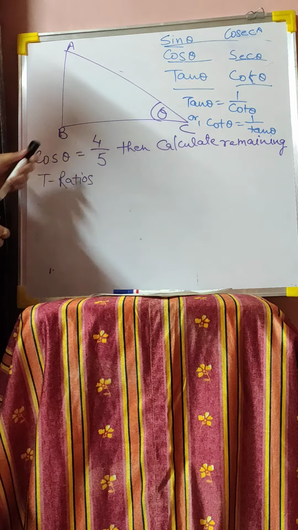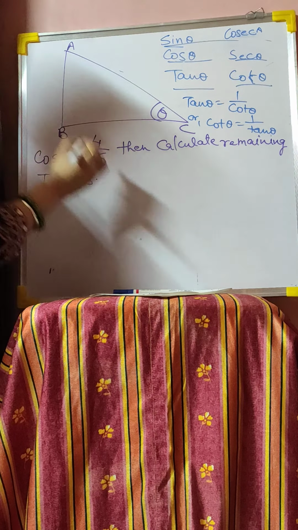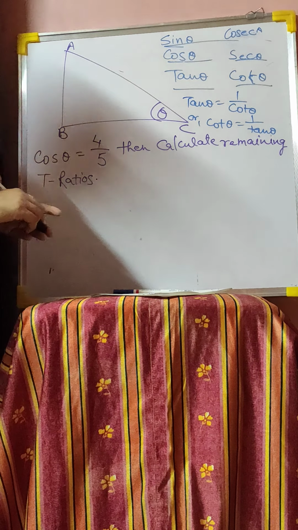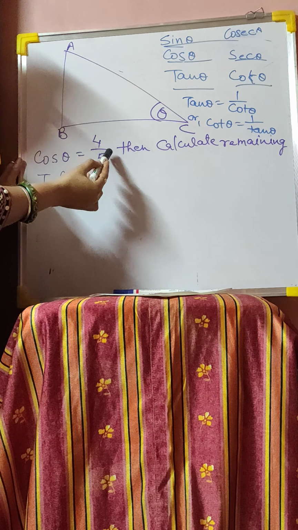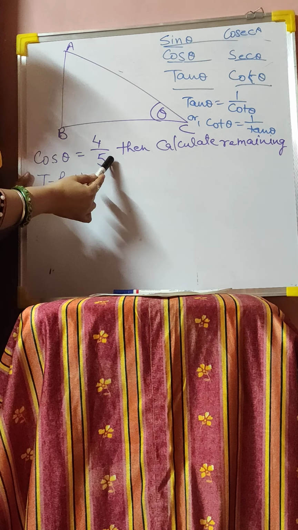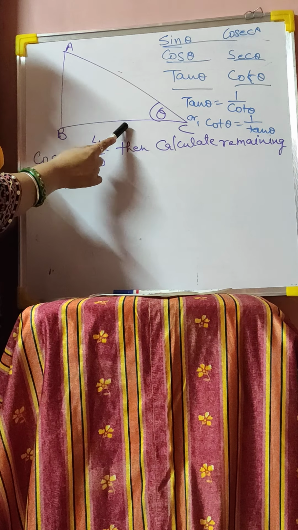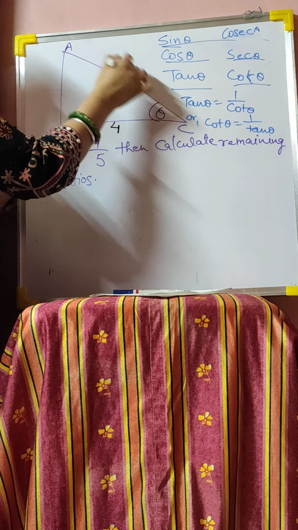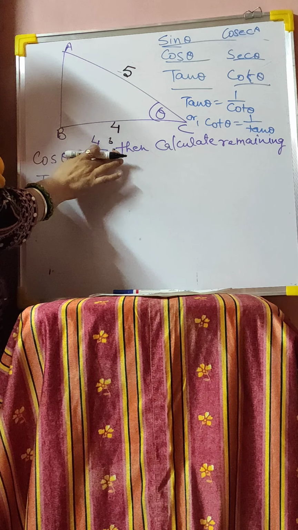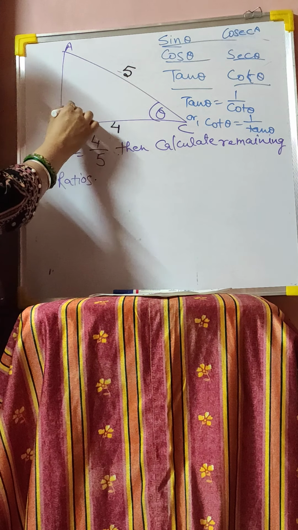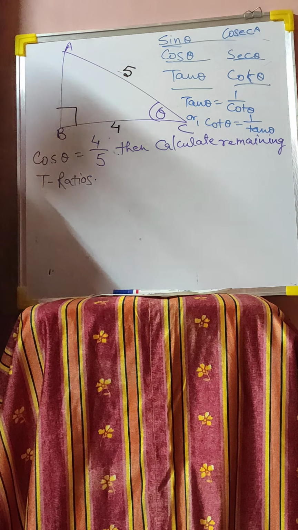Okay beta. So now for calculating the remaining T ratios, we should know that cos theta is equal to B by H, means base by hypotenuse, or the side adjacent to the angle divided by hypotenuse. So side adjacent is 4, because it was B by H. And since it is theta, the base angle will be theta.